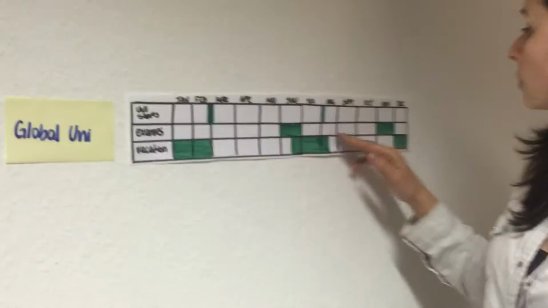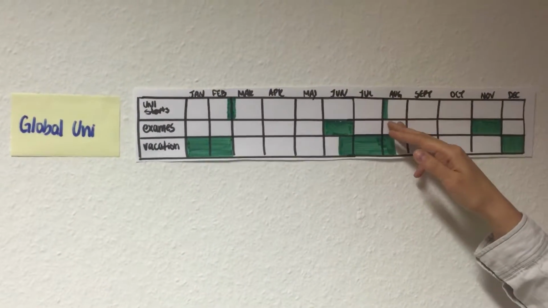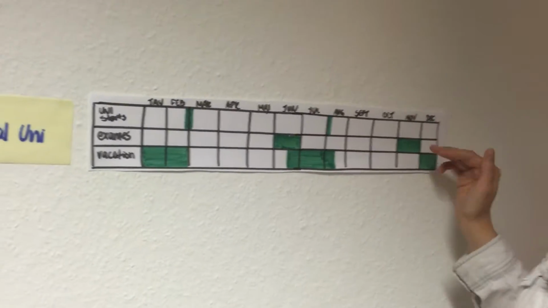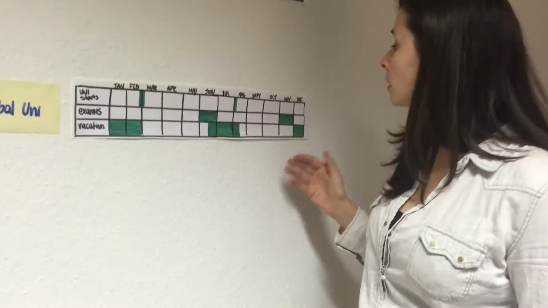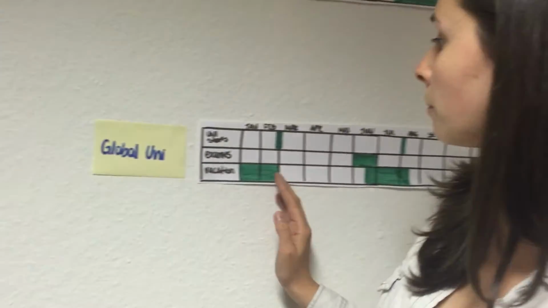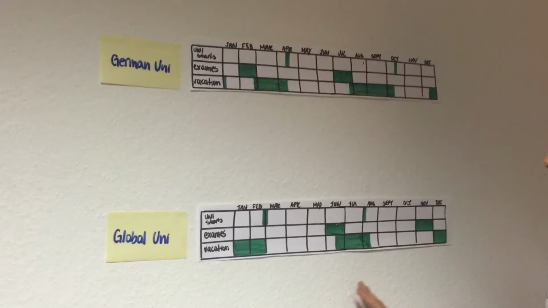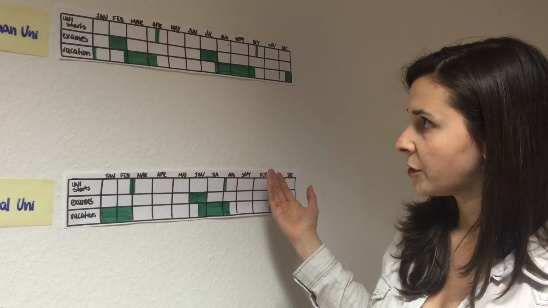Then university comes back in August, up to November, December, when people have exams, and then we have a vacation from December up to February. So you can see major differences between both timelines and how they shape our operations.